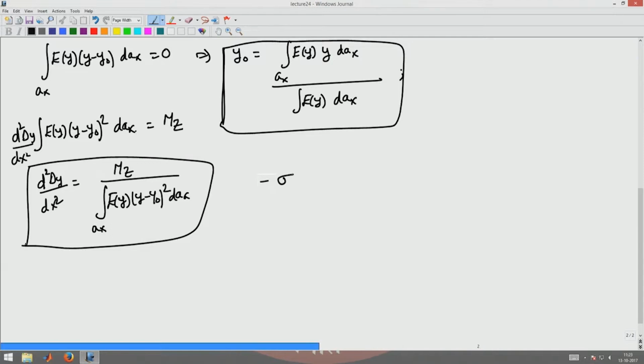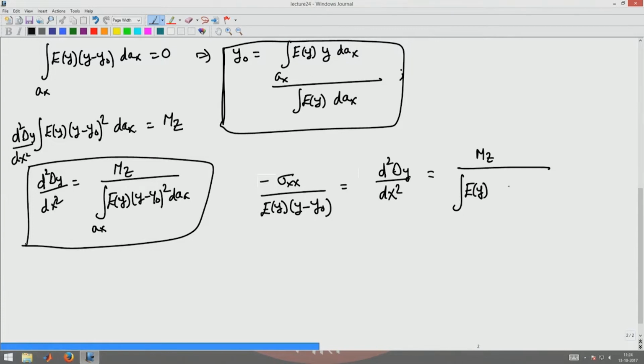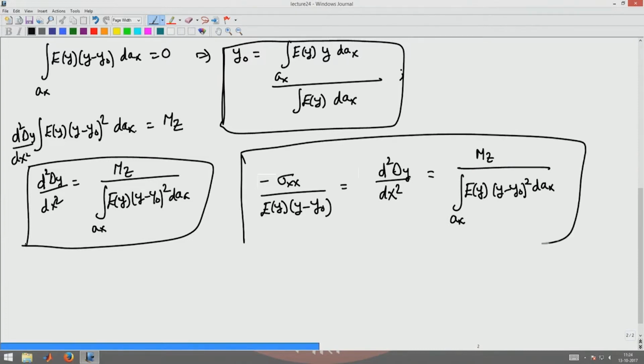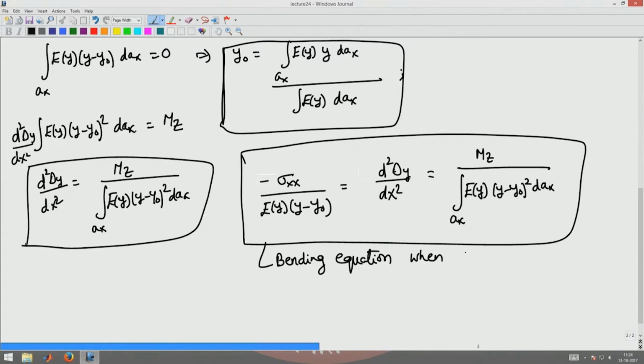Now your stress expression becomes sigma xx by E of y into (y minus y naught) is d square delta y by dx square, which will be equal to Mz divided by integral of E of y into (y minus y naught) whole square dAx over Ax. So this is a general bending equation when the beam is inhomogeneous.